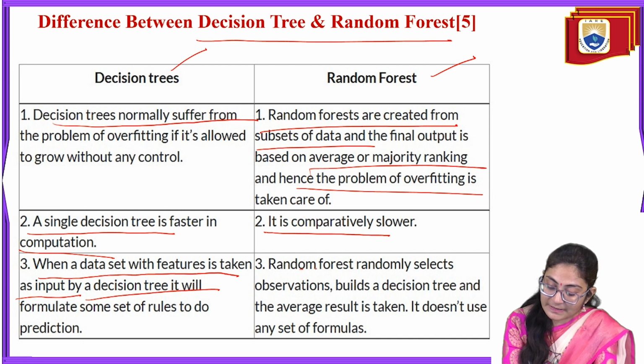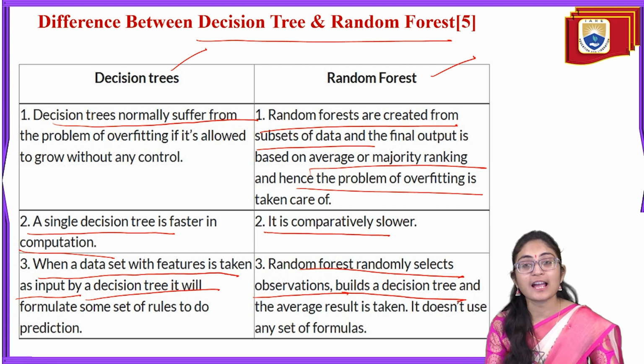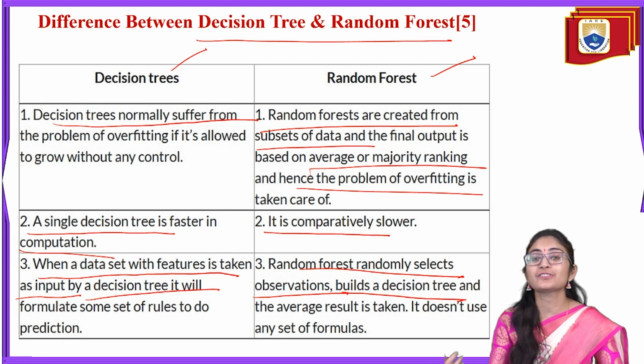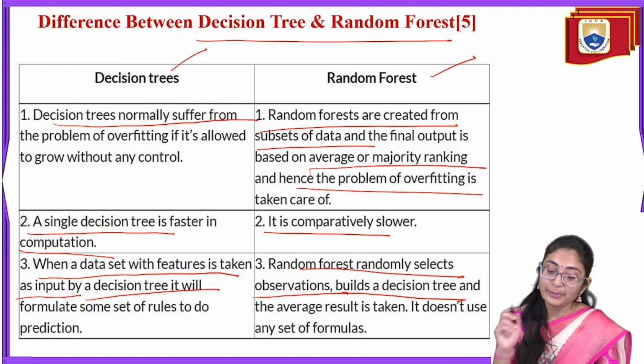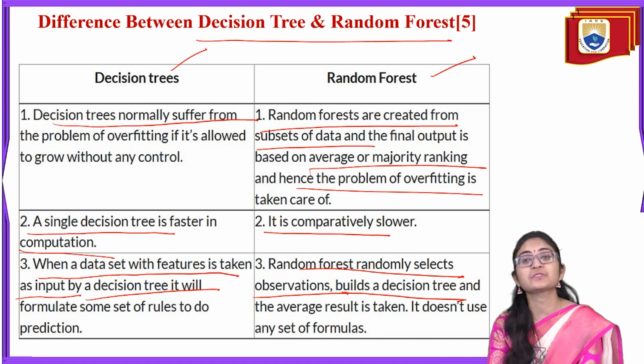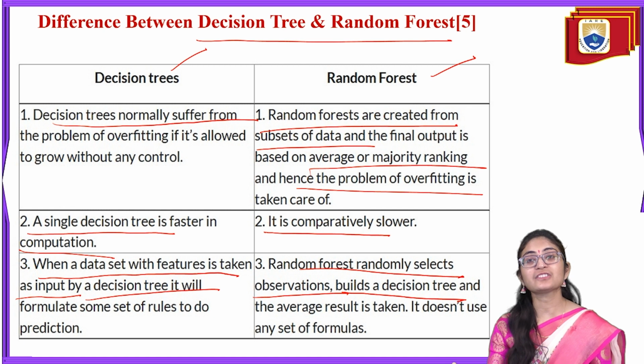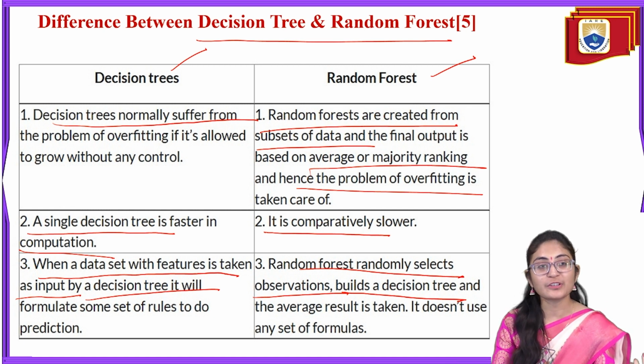In the random forest, randomly selected observations build decision trees, and the average result is taken. It doesn't use any set of formulas. In a decision tree there is a need to use a set of rules, and in random forest there is no such need. You can take a decision directly on the basis of majority voting.